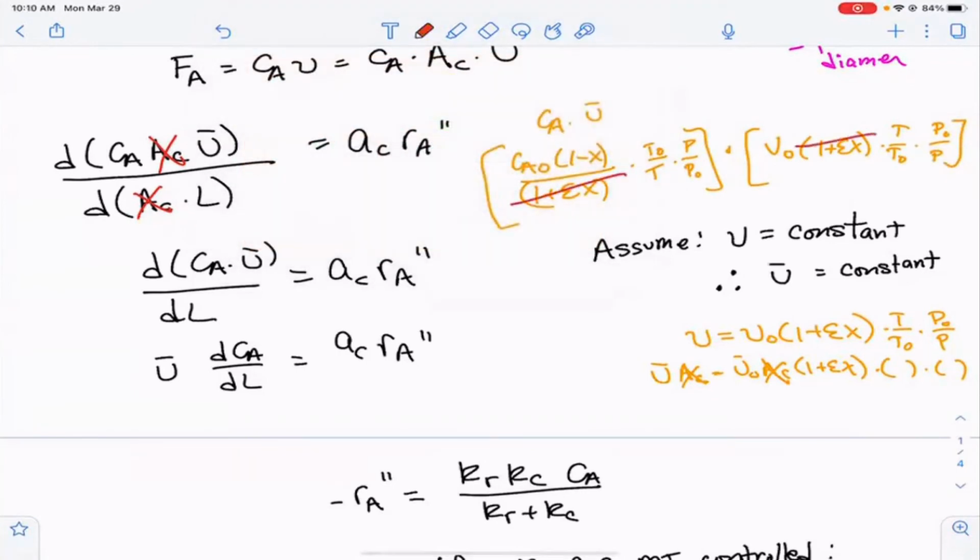Those will cancel, those will cancel, and those will cancel. And you end up getting that that's equal to CA0 U0 times 1 plus epsilon x. Oh, sorry, 1 minus x. That was almost beautiful, and then I messed it up. There we go.